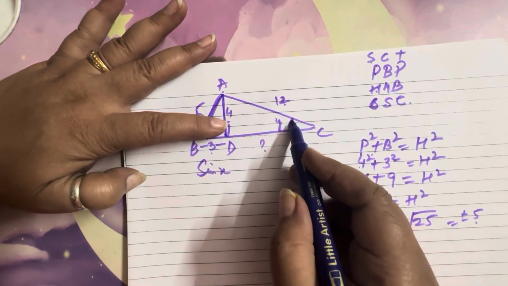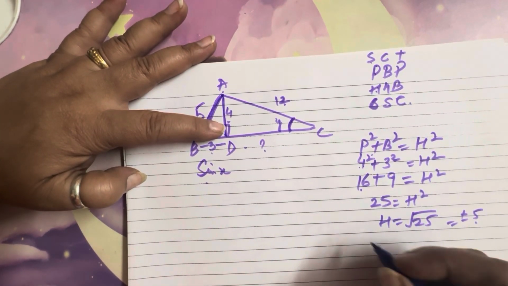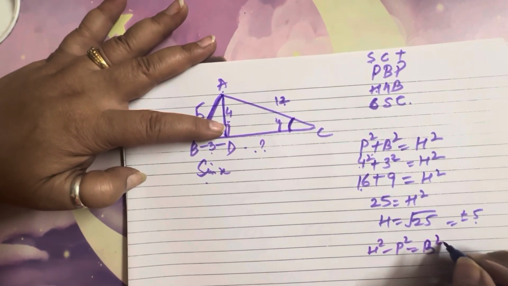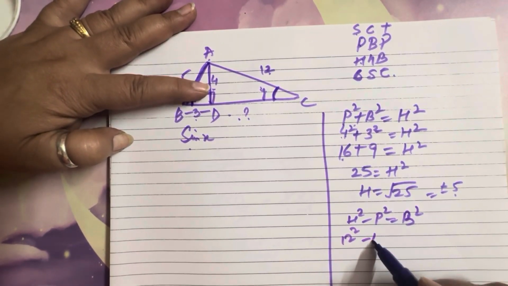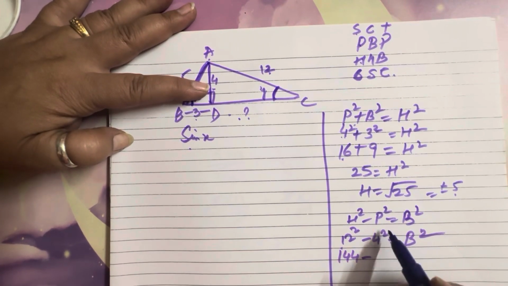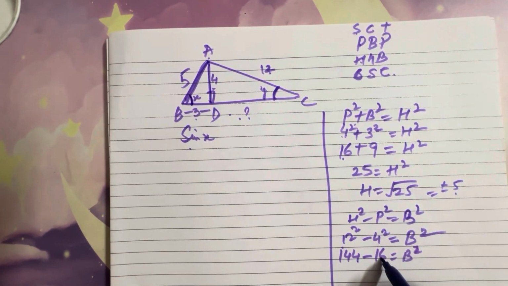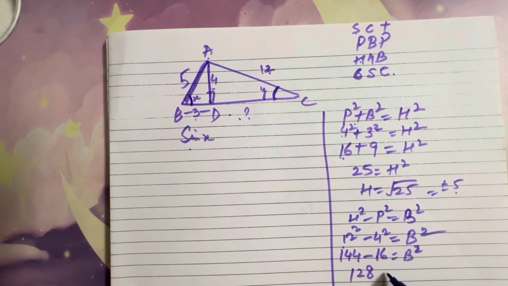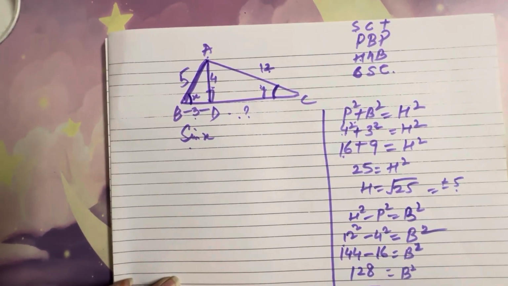Because if we have to find sin y, we will need the base, perpendicular and hypotenuse, everything. So in this triangle, hypotenuse square minus perpendicular square is equal to base square. So what will we do? This is hypotenuse, 12 square, minus perpendicular square, 4 square, is equal to base square. The square of 12 will be 144 and the square of 4 will be 16, that is equal to base square. So 144 minus 16 is 128, that is base square. So under root of 128 is equal to base.